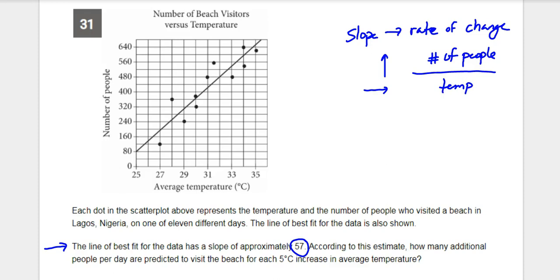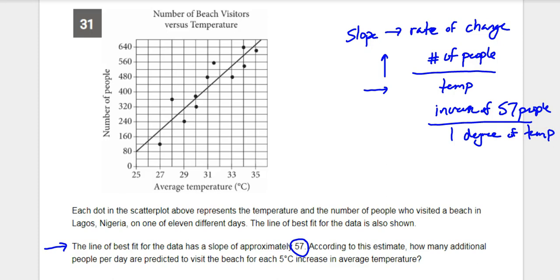So if they're telling me I have a slope of 57, that means I'm getting an increase of 57 people for every 1 degree of temperature increase. So every degree it goes up 57.